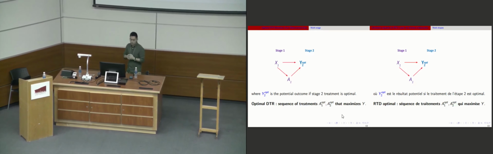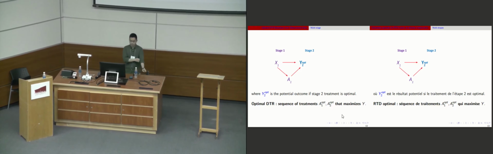This Y2 optimal is the potential outcome if the second stage is optimal. Once we have this new outcome, we can do the one-stage implementation again and find the A1 optimal.